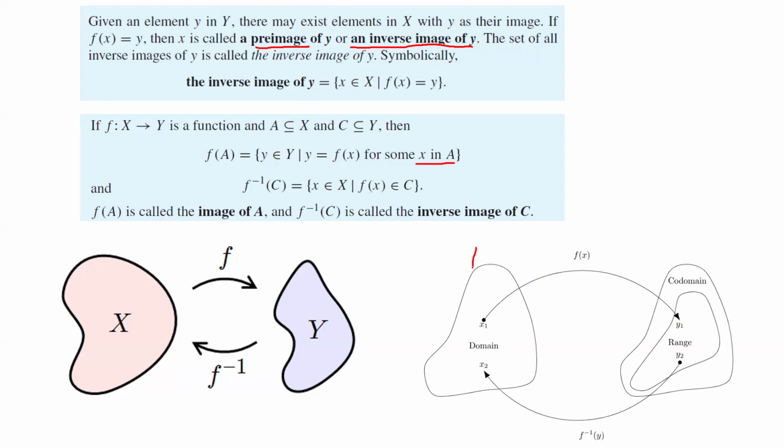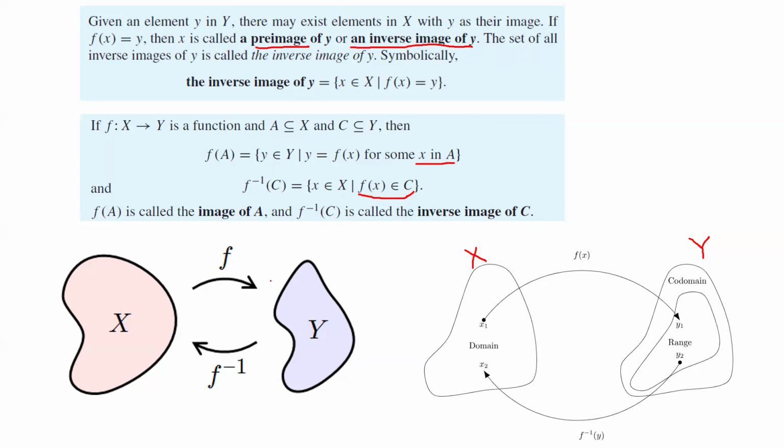So this is your set X, and this is your set Y, and this is the range of the function. The inverse image of C is the set of all x values in the domain such that f of x belongs to C. Again, f of A is called the image of A, and the inverse image of C is called the inverse image of set C.